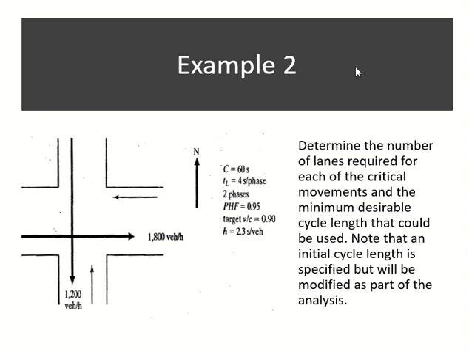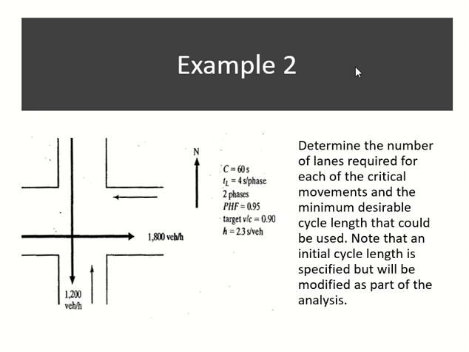Use this data to find out number of lanes we should have. Once you have fixed the number of lanes, then recalculate the cycle length. So use this one as initial value, first trial, and calculate number of lanes. Once you fix number of lanes, the next trial is recalculate the cycle length. Clear?